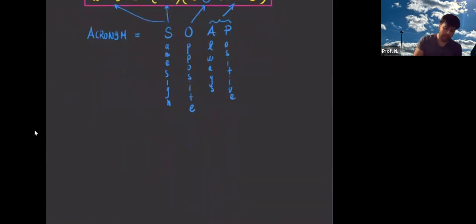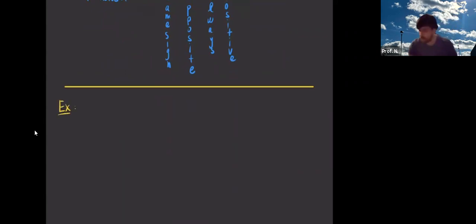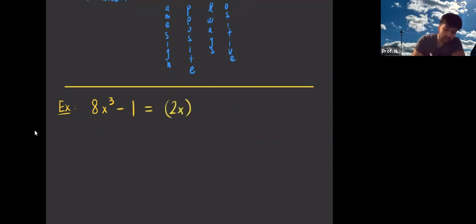Okay, so now let's put our formula to the test with an example. Now I have a difference. Let's see what happens when I have 8x cubed minus 1. I want to factor this expression. I should notice that 1 is a perfect cube because 1 cubed is 1, and 8 is a perfect cube because 2 cubed is 8.